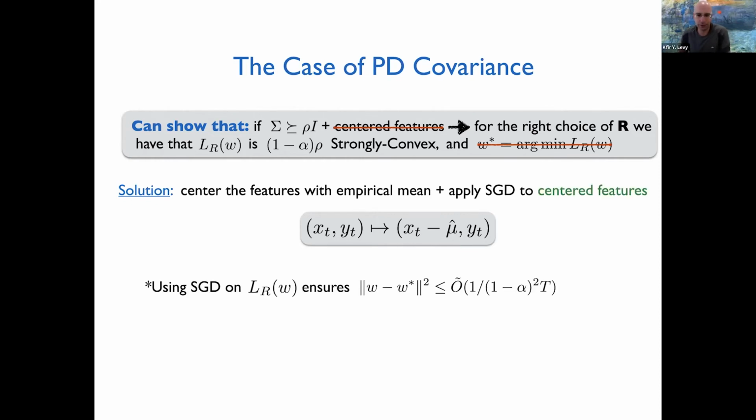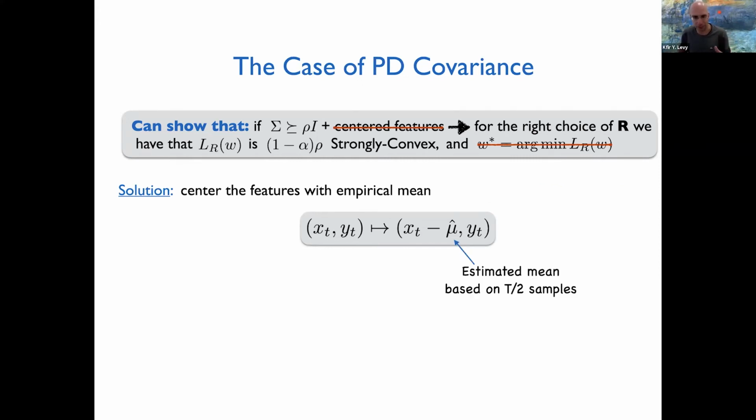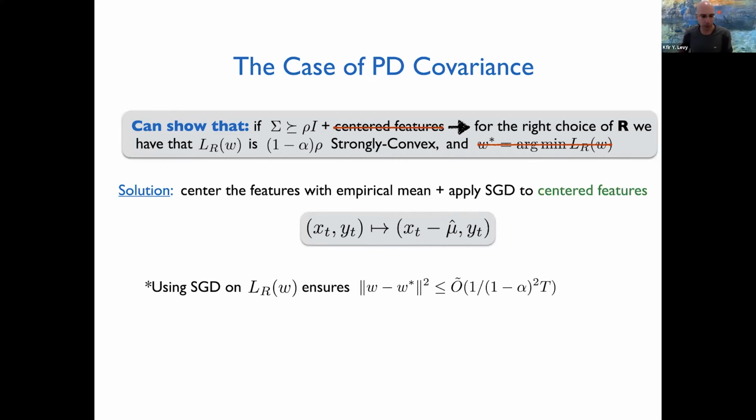Then after we center the features, we apply stochastic gradient descent to the Huber loss with the centered features, and we can show that it ensures more or less the same rate of convergence to the optimal solution. By the way, the proof is not as easy as in the previous case of centered features, where it is straightforward. Here it's a bit more complicated.